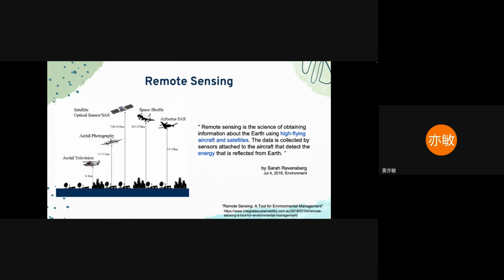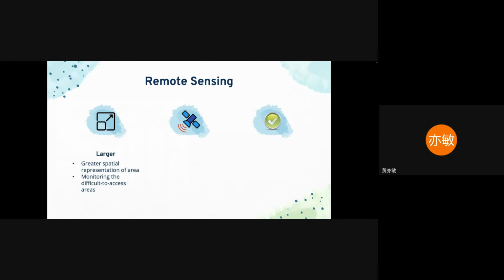So this is a very good tool to obtain information in a rapid manner. In other words, you can probably get the information of the Earth every hour for the same locations, or even faster, every half hour, whenever you have the satellite images. So that is the remote sensing we use today.